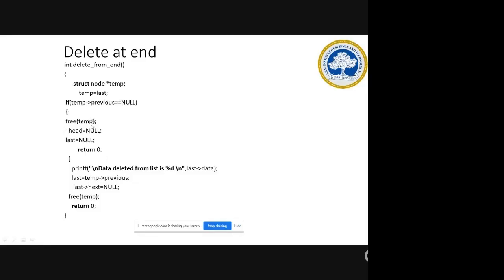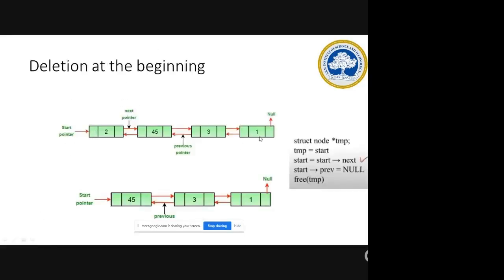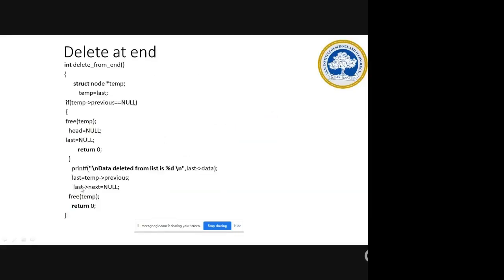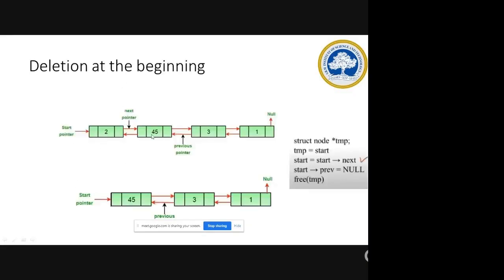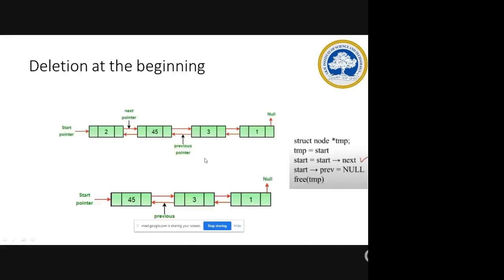But in case your last node is not null, maybe you have multiple elements over here, and you want to delete one. When you want to delete one, what happens? Your 3 should become the last node now, and its next should become null. So this line is very important. Last is equal to temp of previous. That means your temp is now here, 1 is holding the value of temp now.